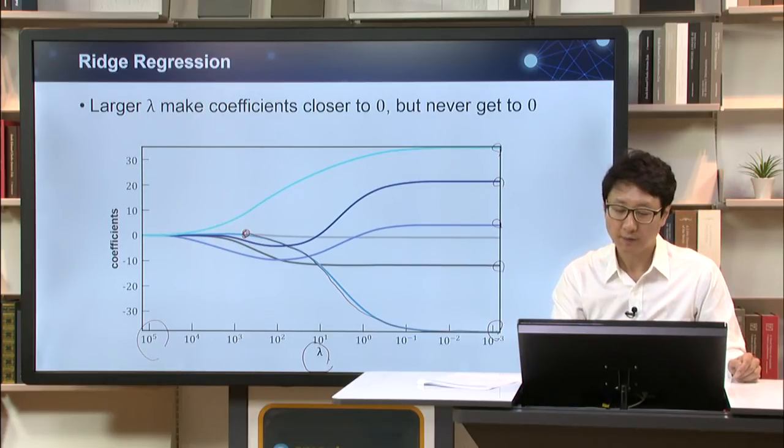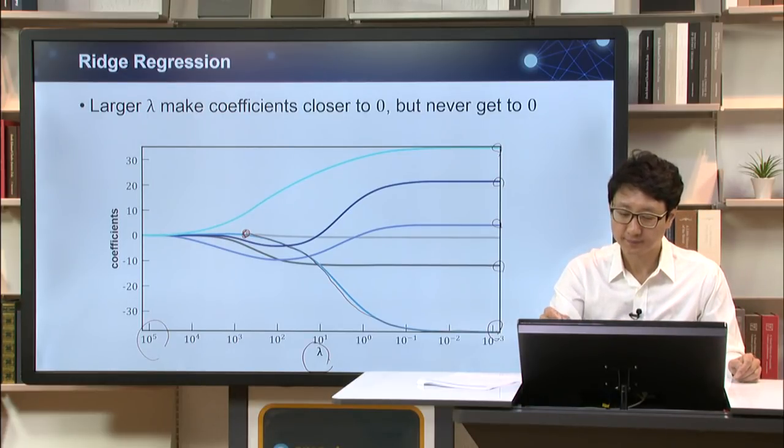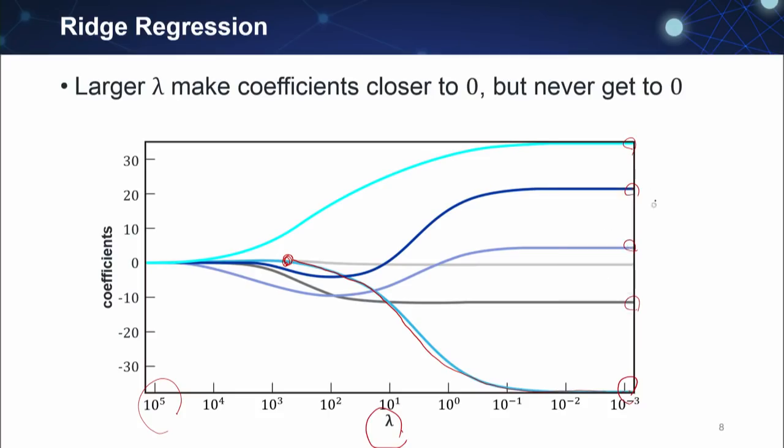However, this purple one, let's focus on this one. It initially starts with a small coefficient on the positive side, but it hits 0, then it increases negatively, and it survived quite a bit longer than others.